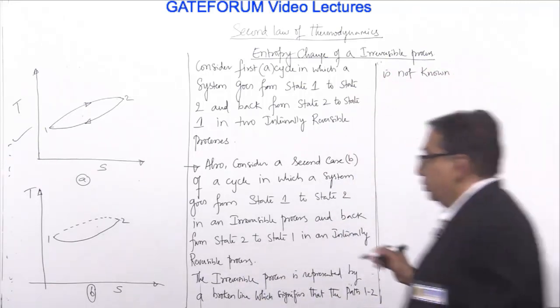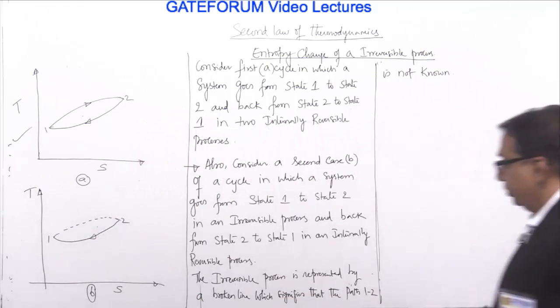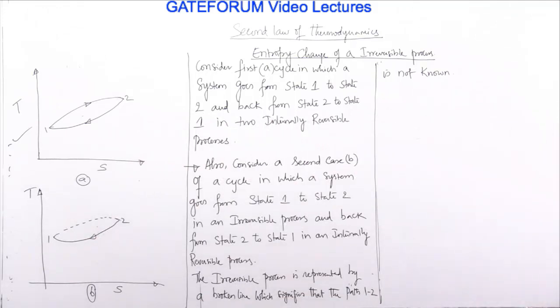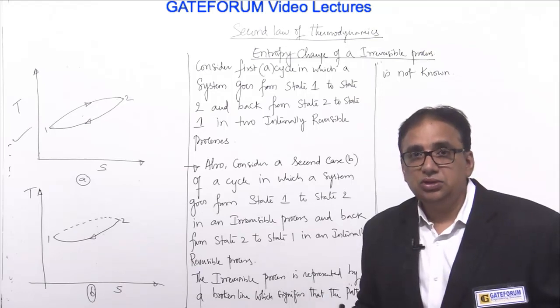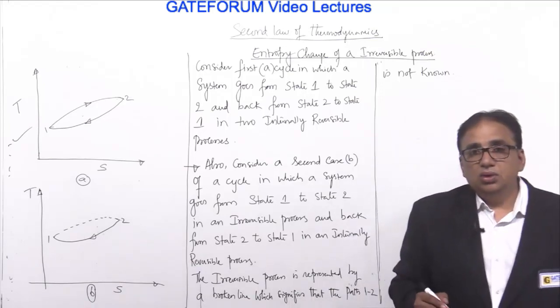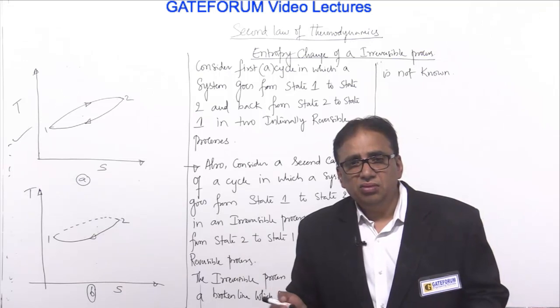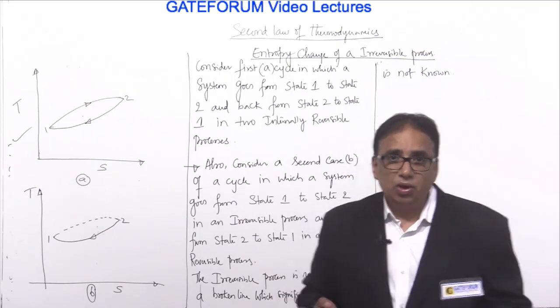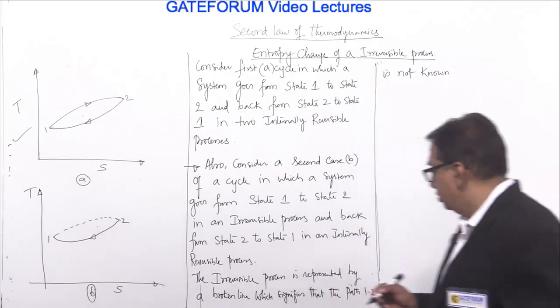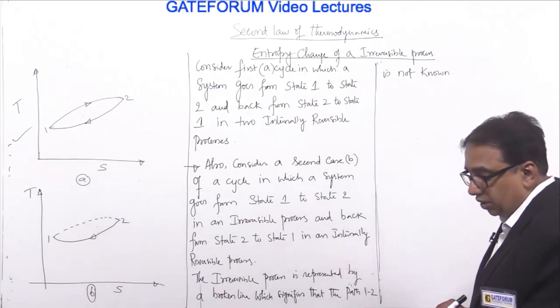So 1 to 2 we don't know from what path to what path it is going, but 2 to 1 we know. Suppose you want to go from Hyderabad to Delhi, so you are reaching Delhi from Hyderabad, but what route you are following is not known. That is what the broken line signifies.